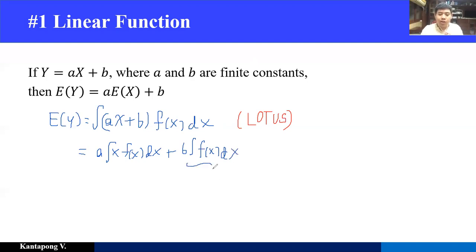This one is equal to 1, and this one is equal to E[X]. So the final answer is a times E[X] plus b. The intuition is very simple, but very useful.